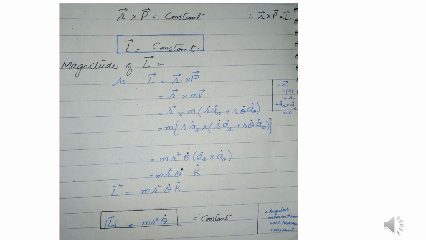Now taking the magnitude, the unit vector value is 1, so we write the magnitude of the L vector is equal to m r square theta dot. We see that the value of angular momentum is m r square theta dot, and that value is constant.